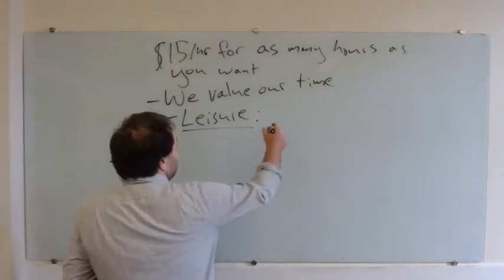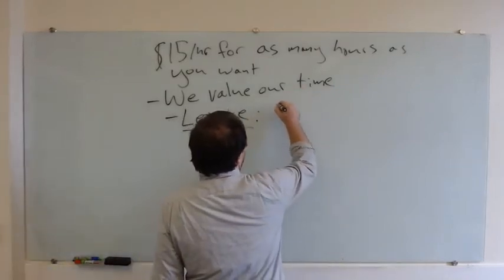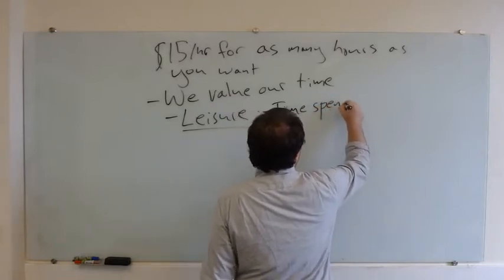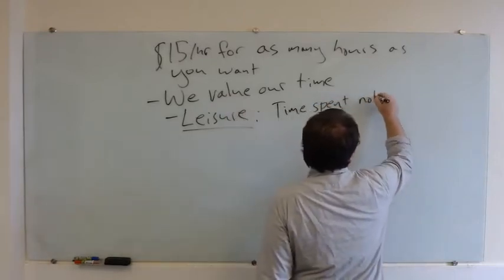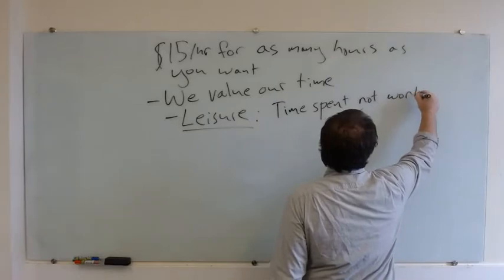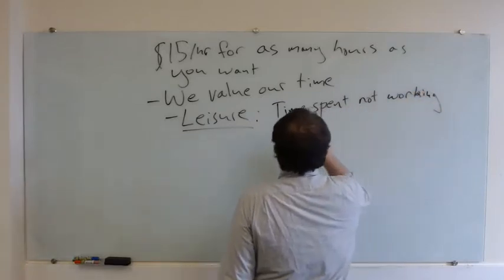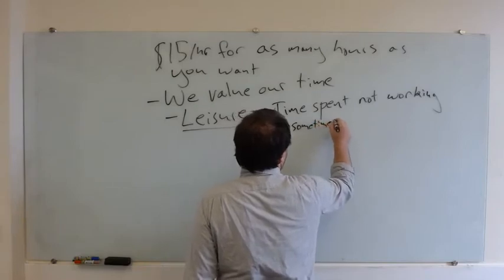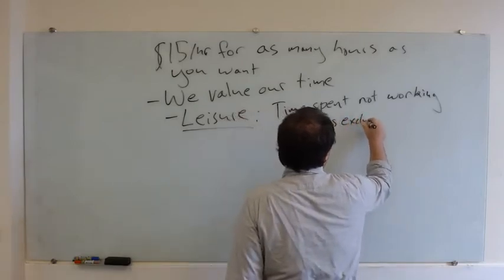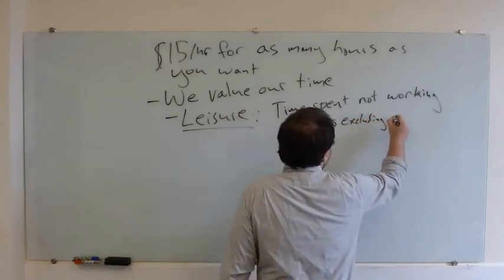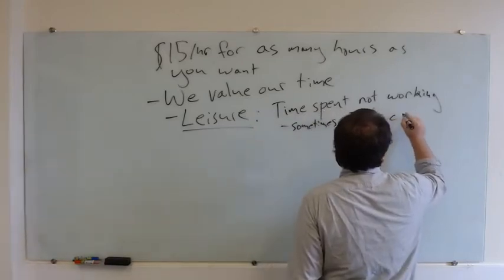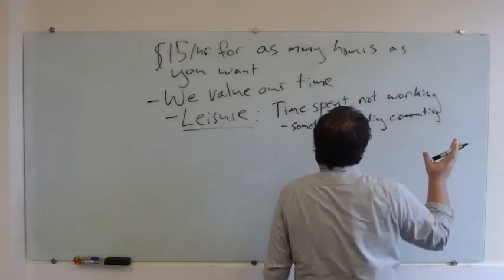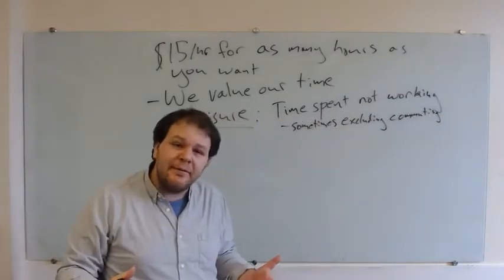So this is basically time spent outside of work, not working, sometimes excluding commuting, or something else that we are going to value explicitly.